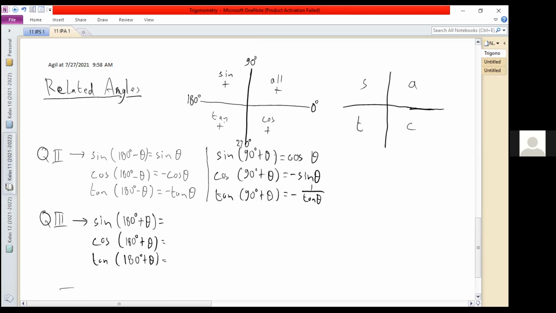In this quadrant, only tangent is positive, and so the others will be negative. Because we are using the x-axis here, the function will be the same: negative sine of theta, negative cosine of theta, and for the tangent we have tangent of theta.